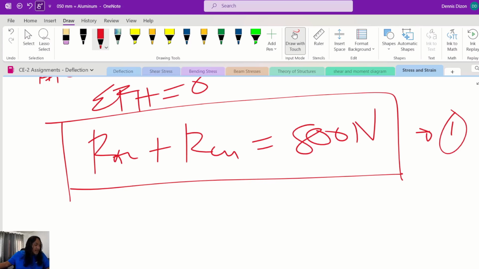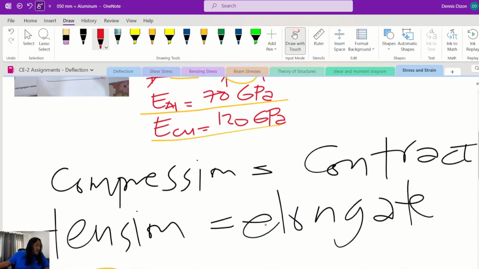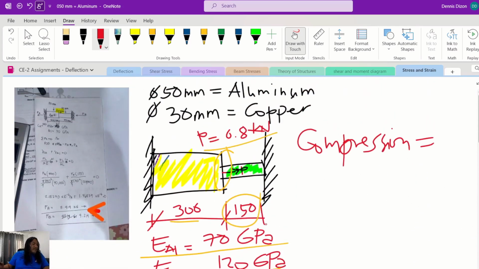Now, our second equation would be based on the elongation. The force is right here at the joint. So when this force P is acting, it will pull the aluminum, but at the same time, it will push the copper.